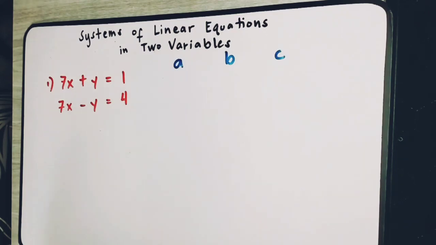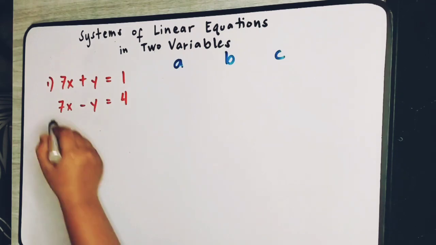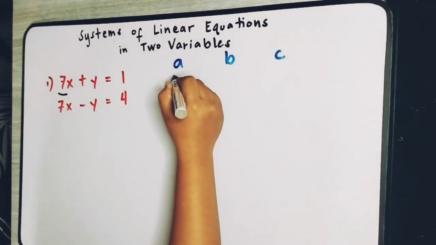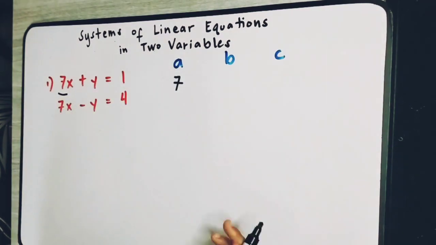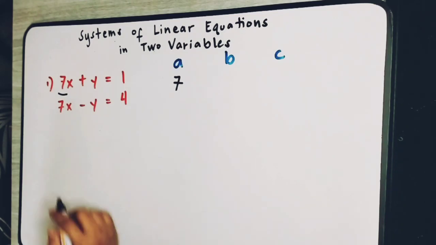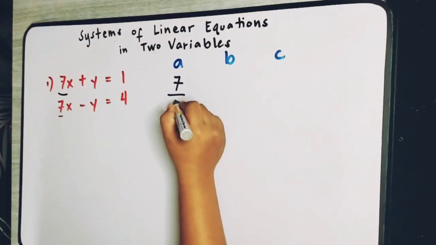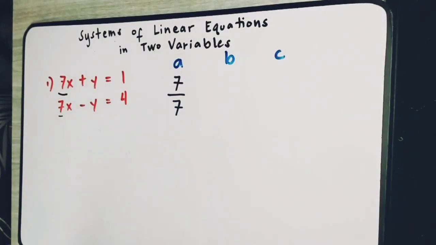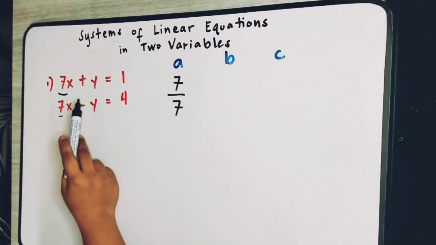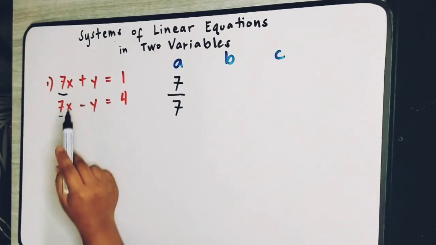So, a, in the first equation, the numerical coefficient of a is 7. Then, in second equation, the numerical coefficient of a is also 7. Therefore, the ratio is 7 over 7. B. The numerical coefficient of y is 1.